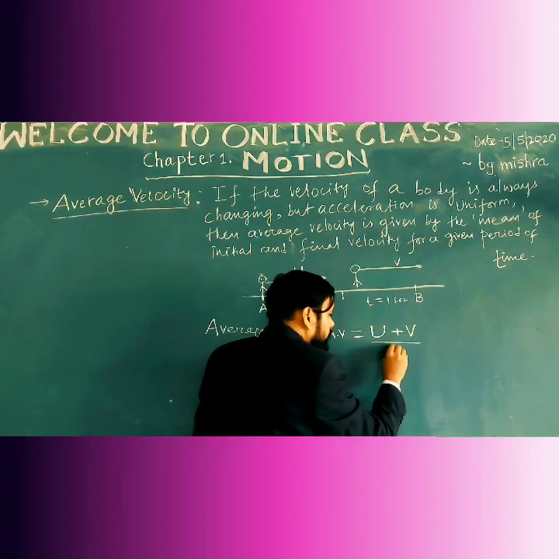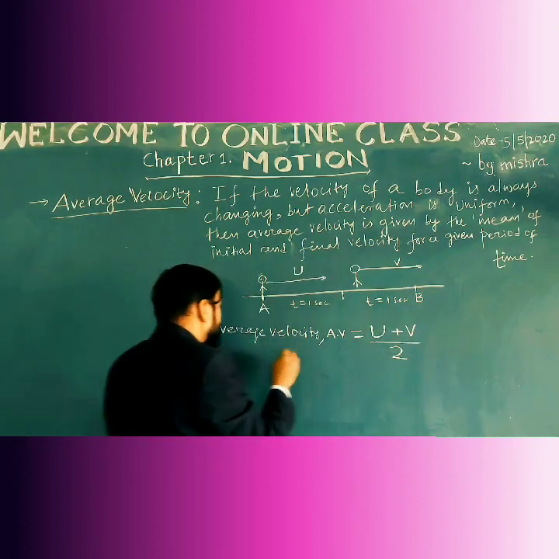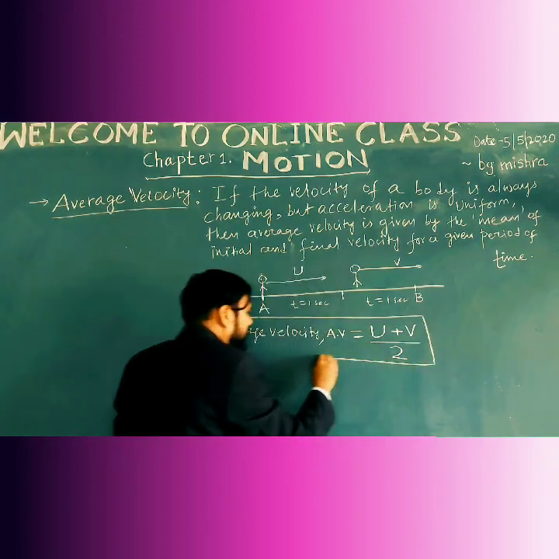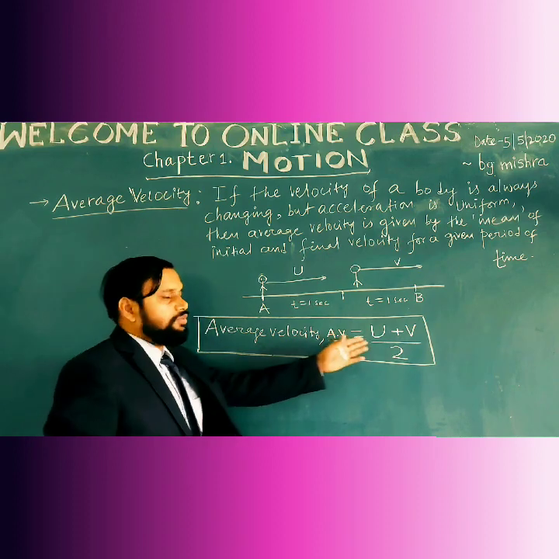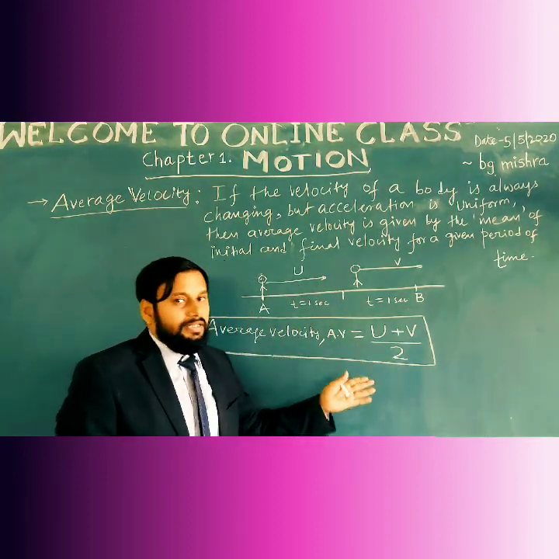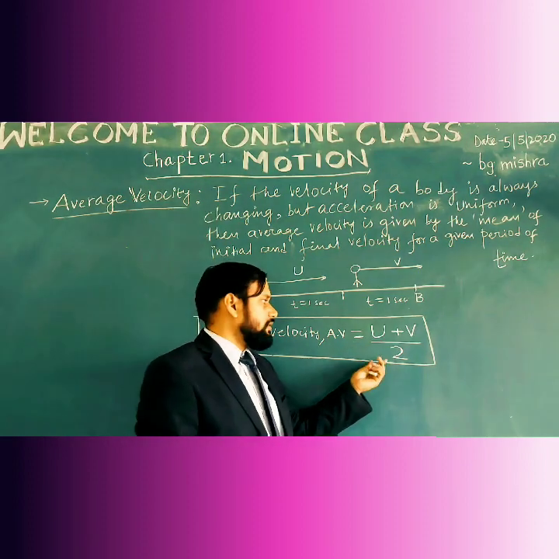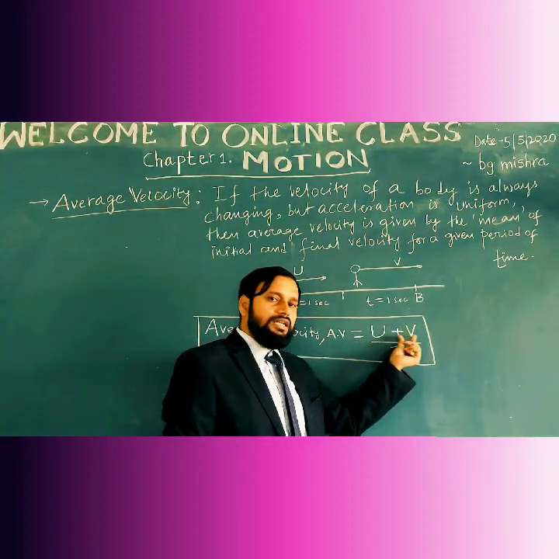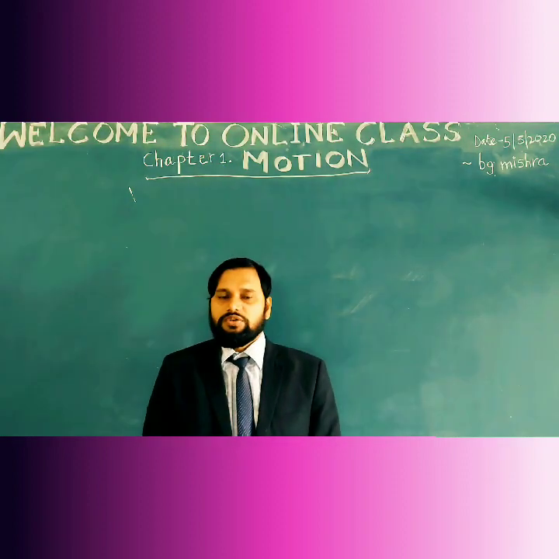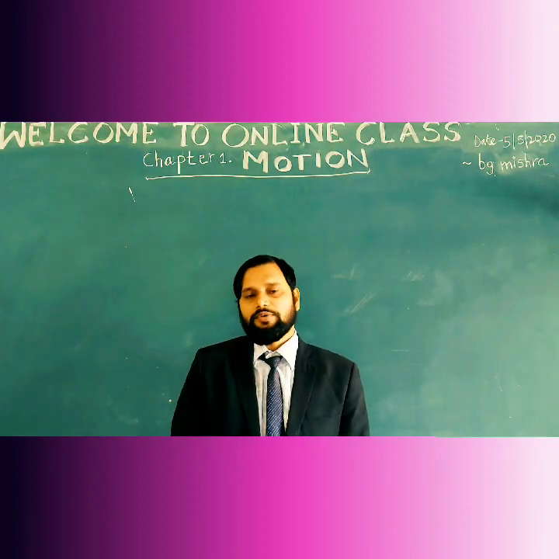So 1 plus 1 equals to 2. So average velocity is given by initial velocity plus final velocity upon 2. That means this is the arithmetic mean or the average of initial velocity and final velocity.